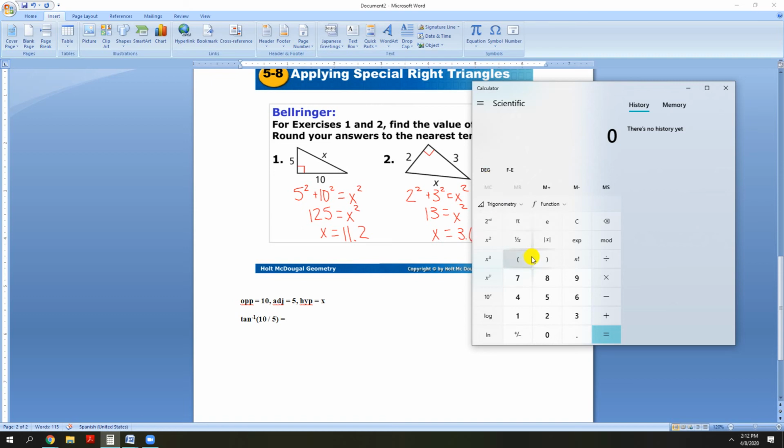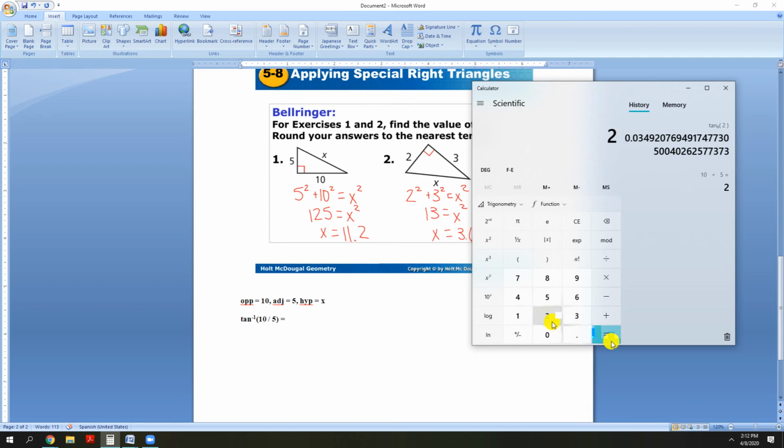So I'm going to do the tangent of, well, let's just do the 10 divided by 5 first. 2. And I'm going to take the tangent of that. Oh, whoops. We're doing the inverse tangent. Okay. Let's clear all this we just did.